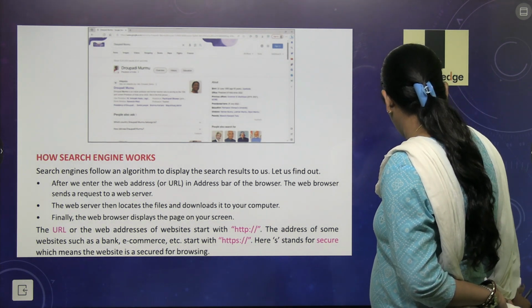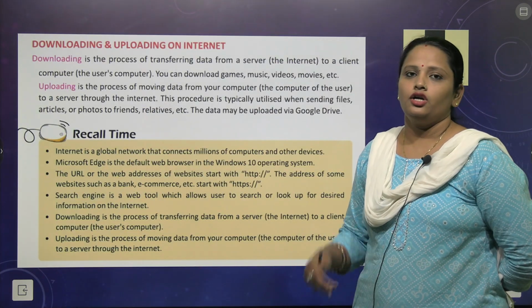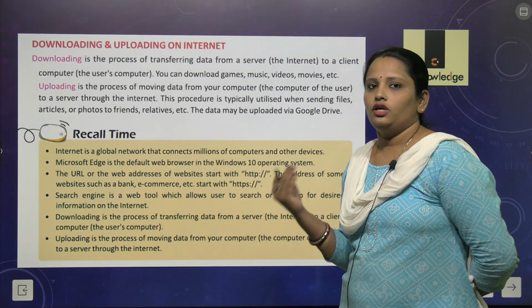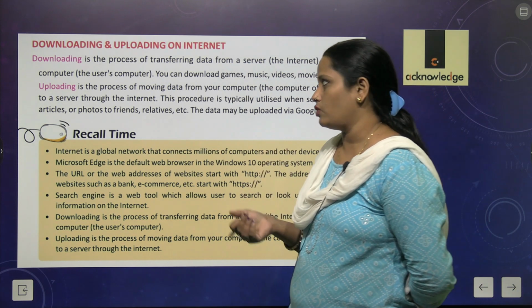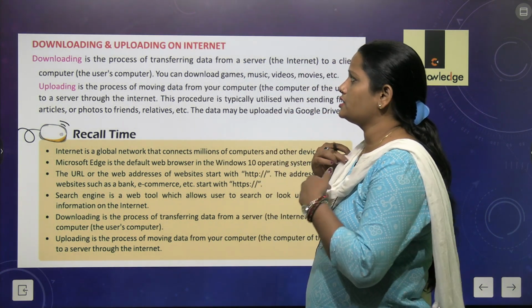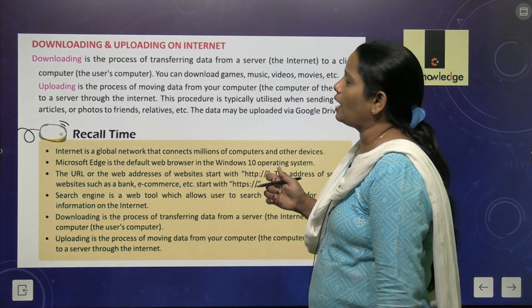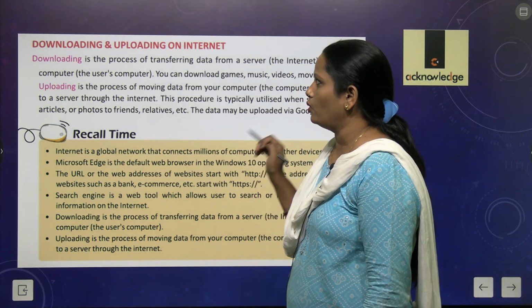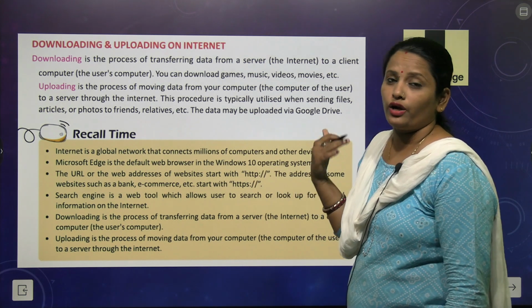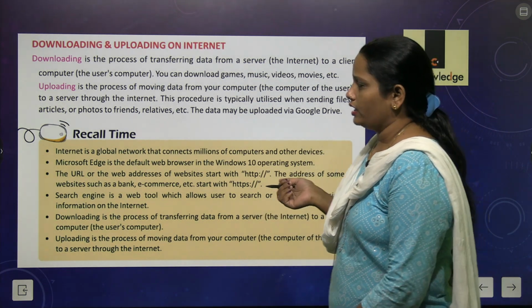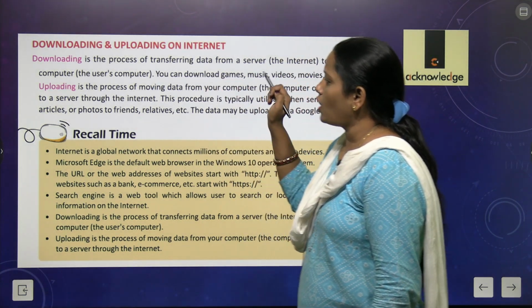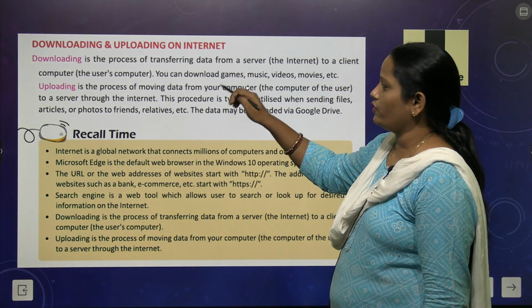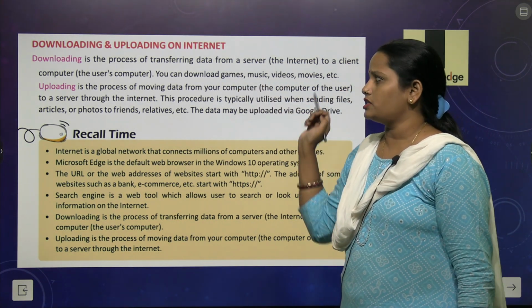So we have to be very careful while we are using a web browser. Okay, next is downloading and uploading on the internet. How can we download and upload on the internet? Downloading is the process of transferring data from the server.